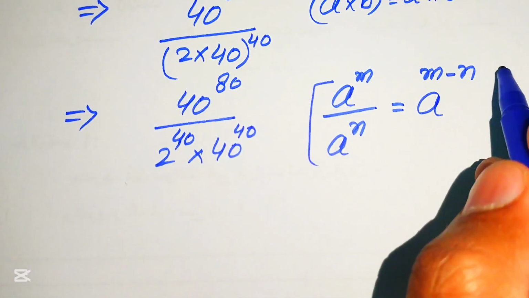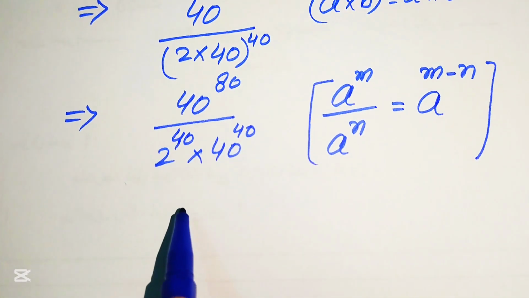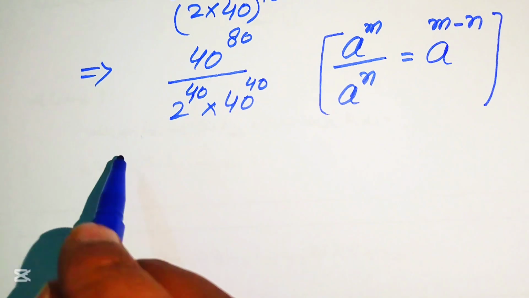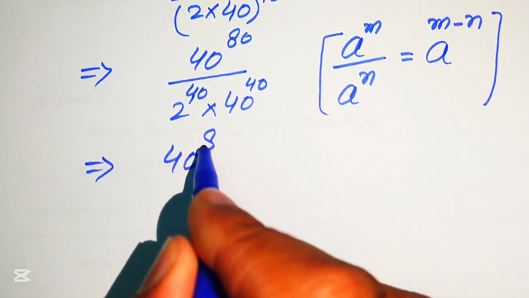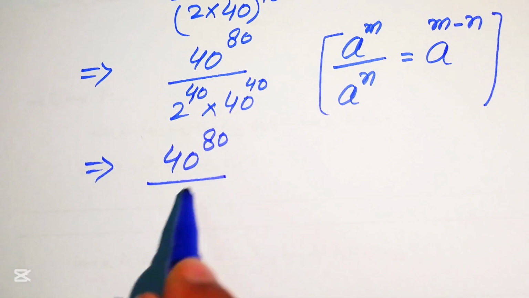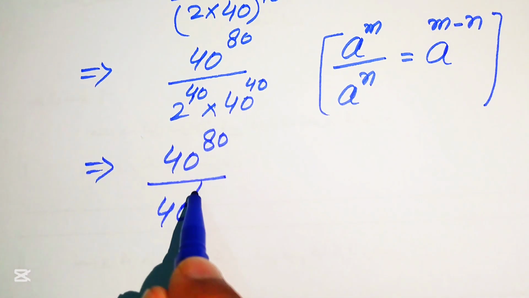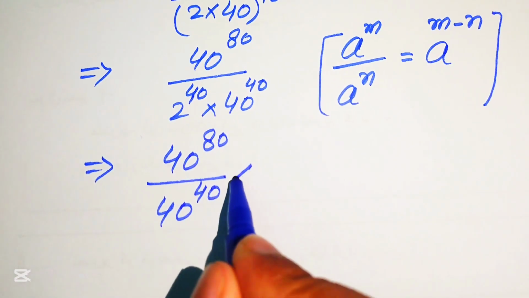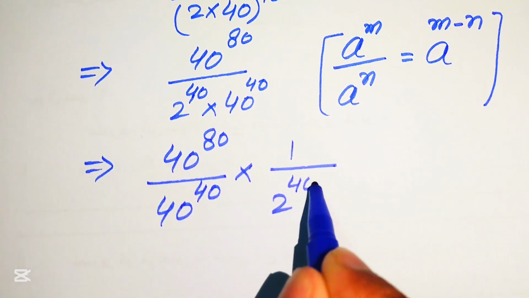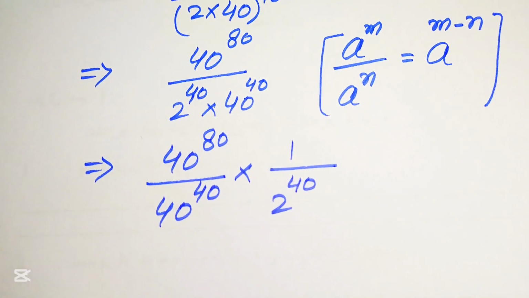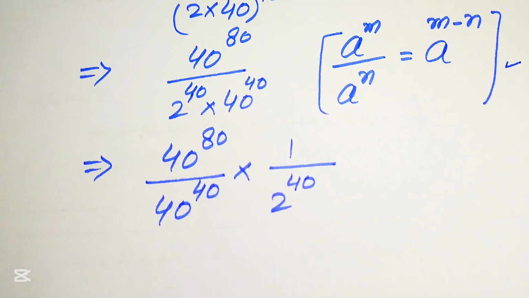According to this law, we first write this in the simplified form. We write it as 40 to the power of 80 divided by 40 to the power of 40, multiplied by 1 over 2 to the power of 40. Here we are ready to apply this exponent law.